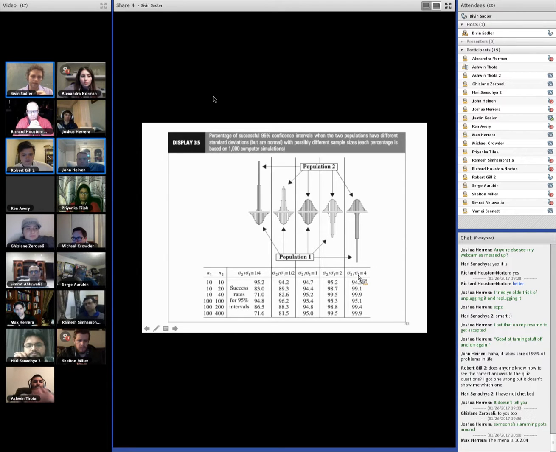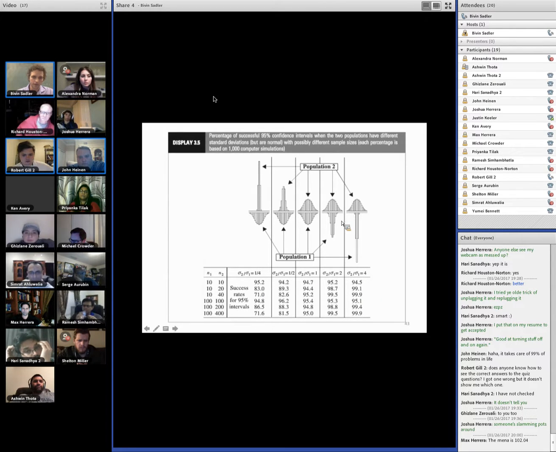If you go the other way, if N2 is either the same or more, if now I'm pulling more from the bigger standard deviation, then my intervals get wider. If I'm pulling more from the smaller standard deviation, from N2, then my confidence intervals are too narrow, and these are way too wide.